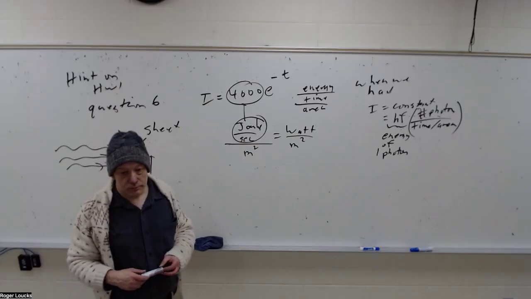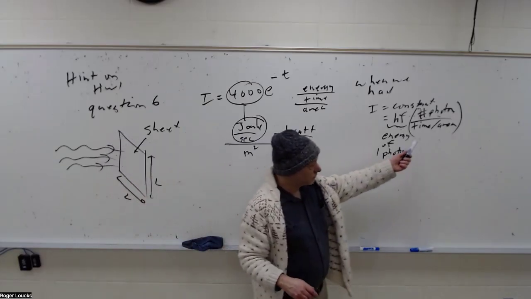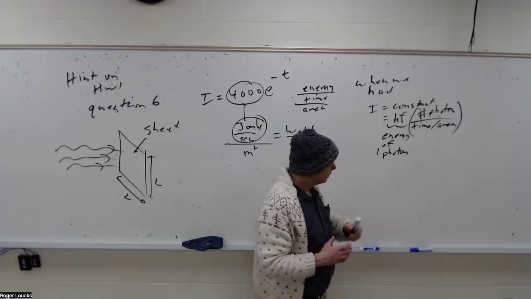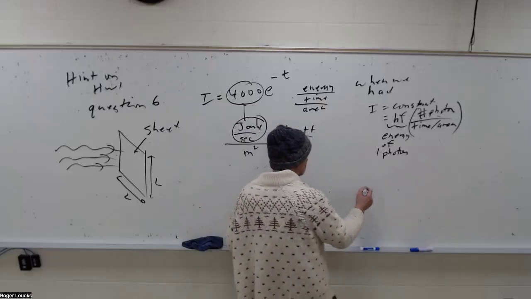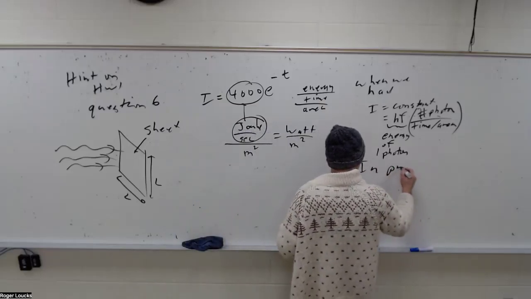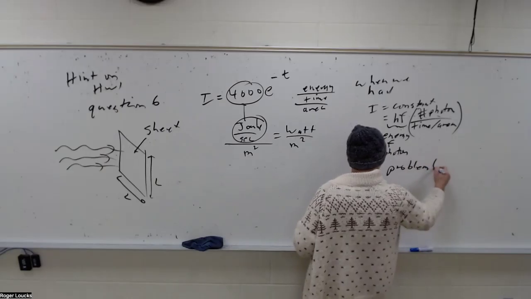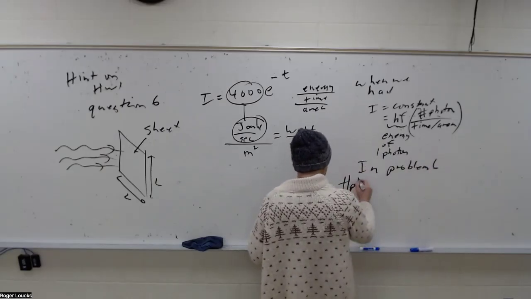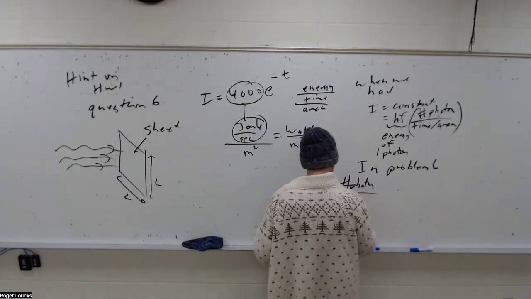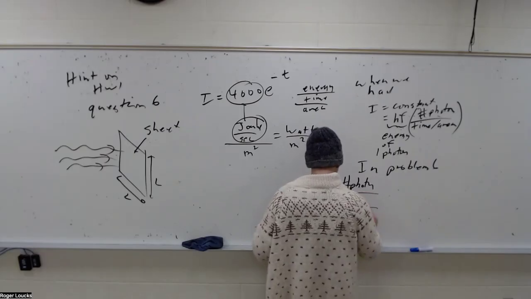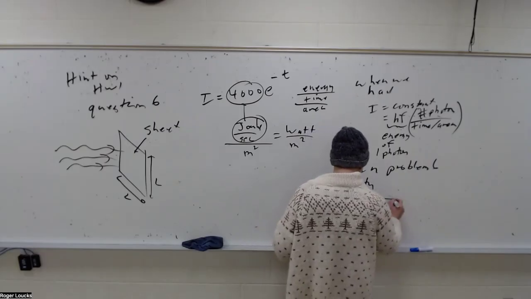It's decreasing with time. So in problem 6, this number of photons per unit time per unit area decreases with time.